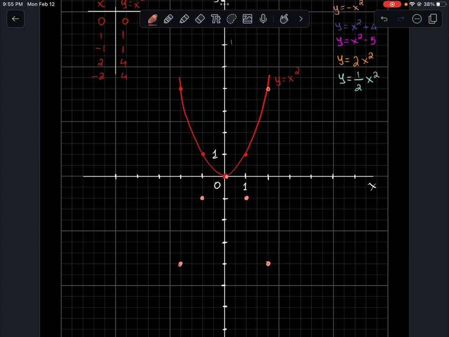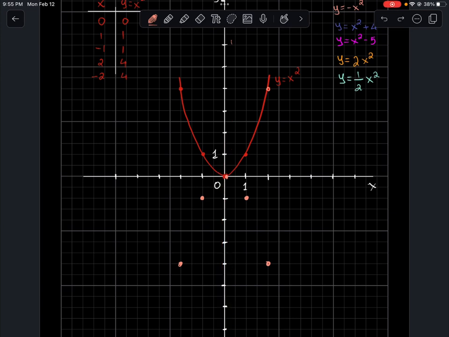Also, since the vertex remains unaffected, and we know that the axis of symmetry goes through the vertex, that's gonna be the axis of symmetry, meaning make sure that whatever we draw, left and right, is symmetric about the vertical axis.